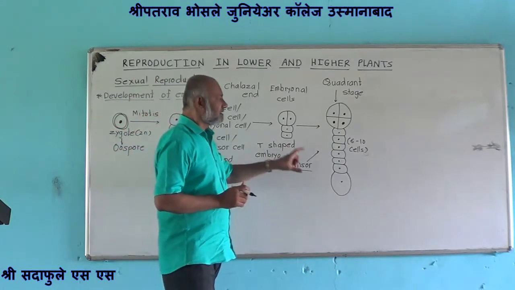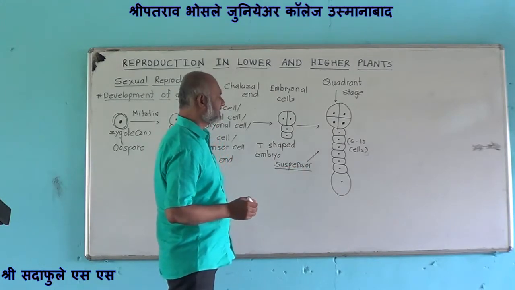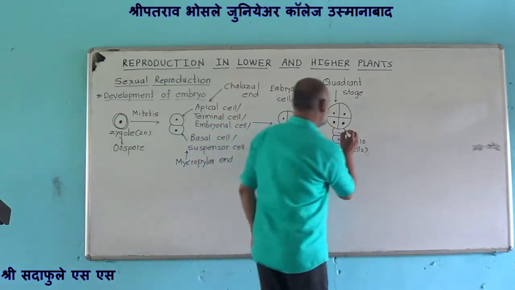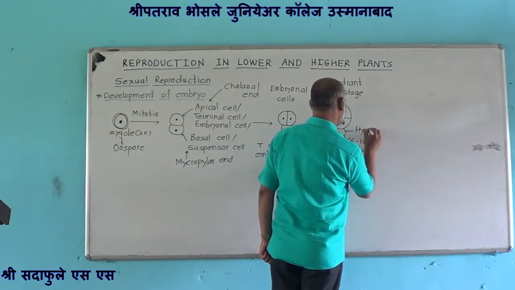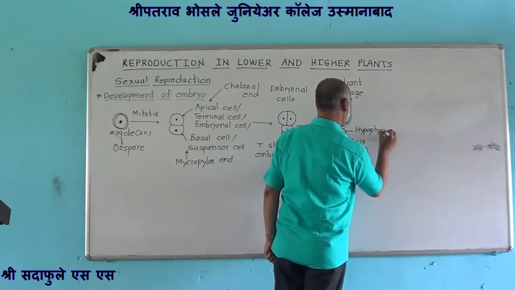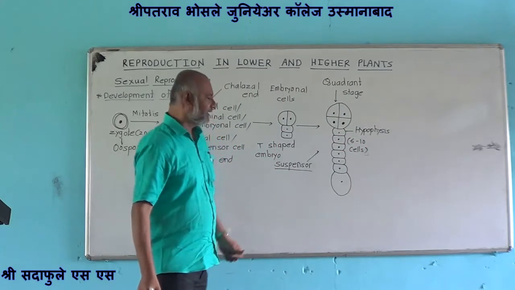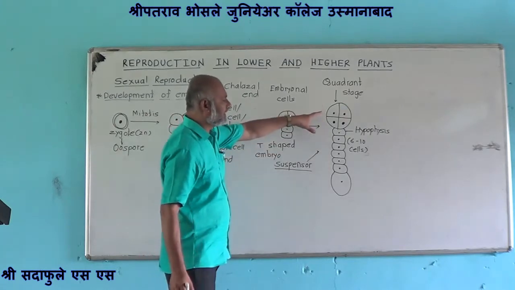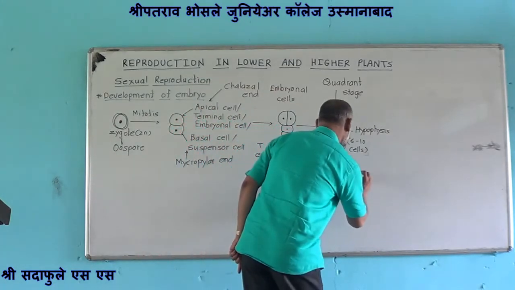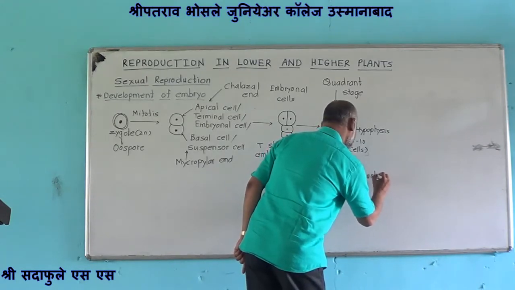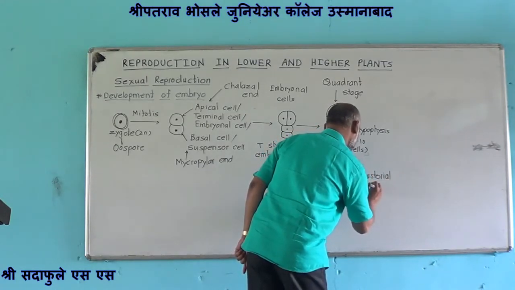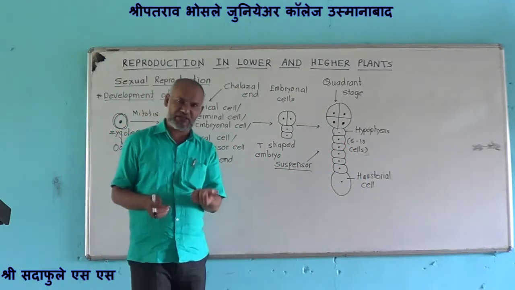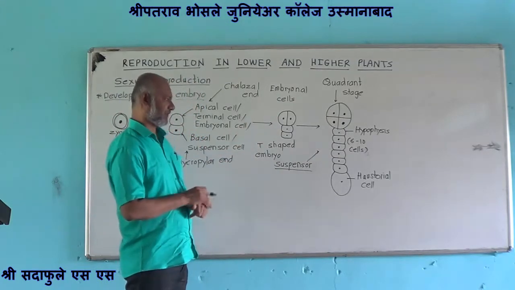Now, the cell of the suspensor which is present towards the embryo is termed the hypophysis, while the cell present towards the micropylar end, away from the embryo, is termed the haustorial cell. It is the haustorial cell which absorbs nourishment from the endosperm and provides it to the embryo.